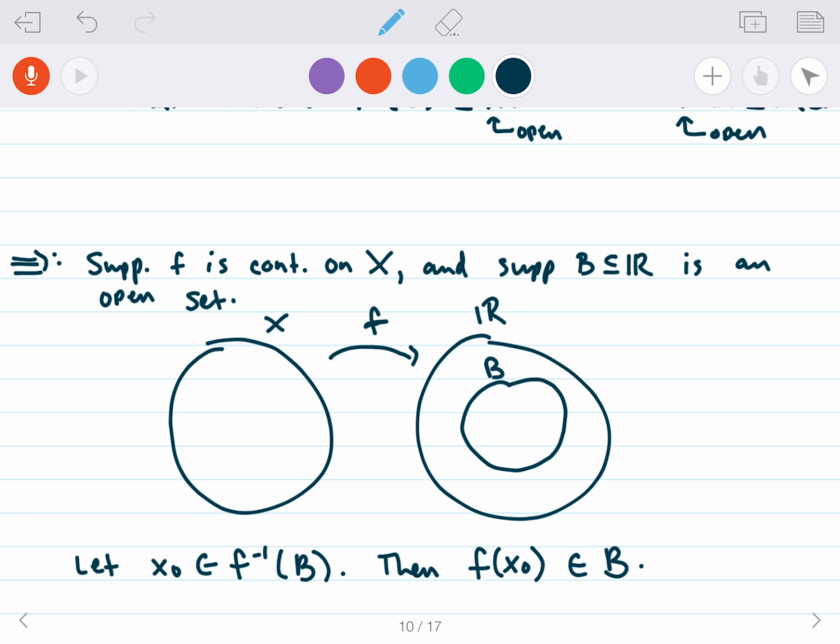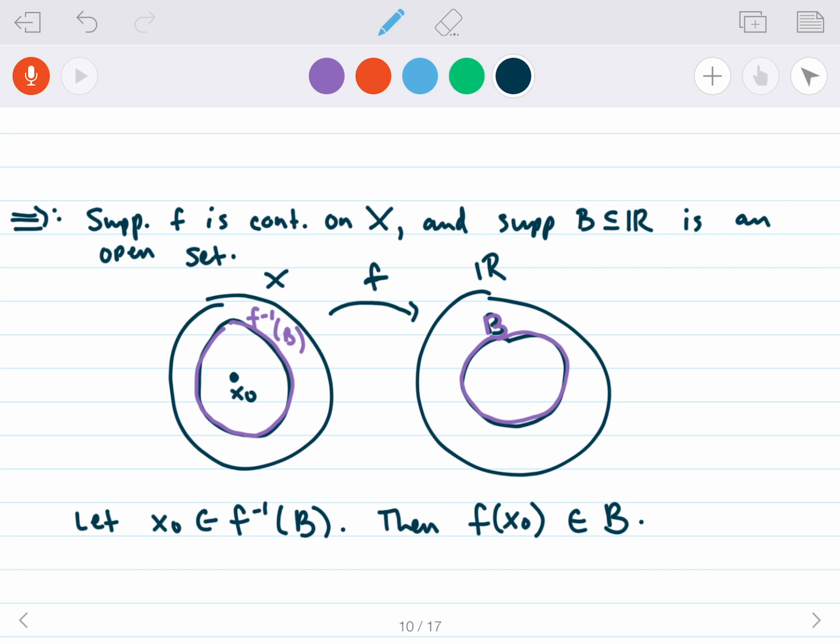Okay, so let's just draw our little picture. So here is x naught, and let's say that this guy is my pre-image. Maybe I'll do him in purple. So this is my pre-image of B. And let's say that this is in purple as well. This is B. Okay, so we start with something in the pre-image.